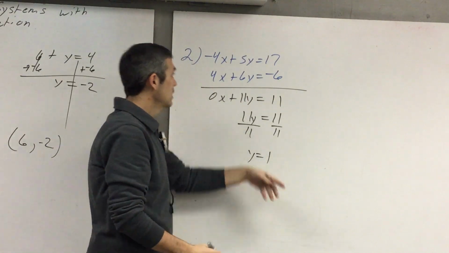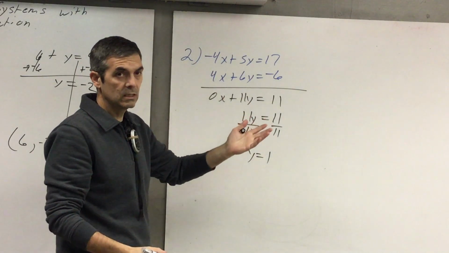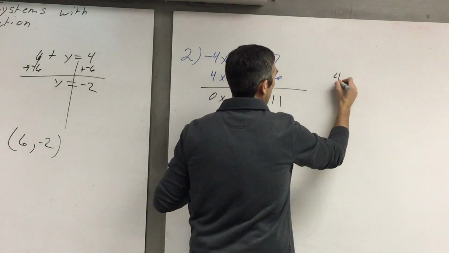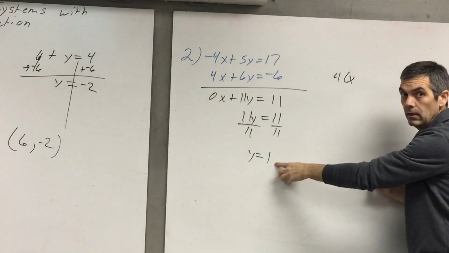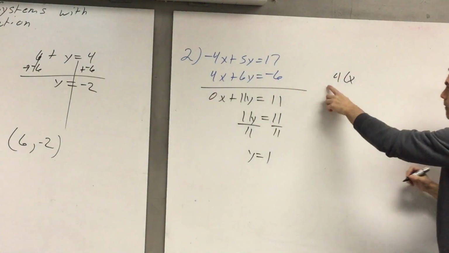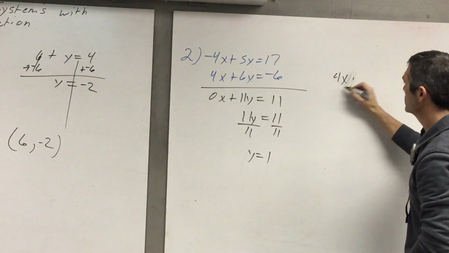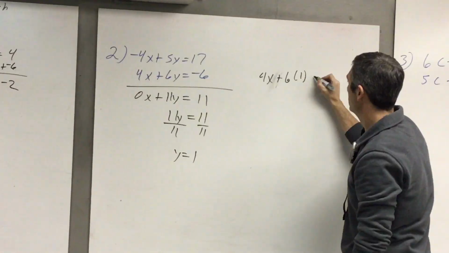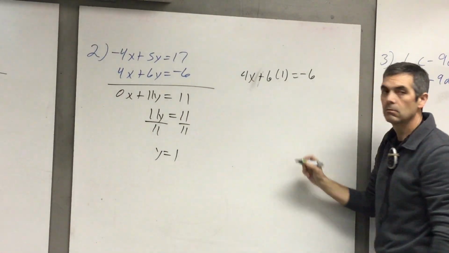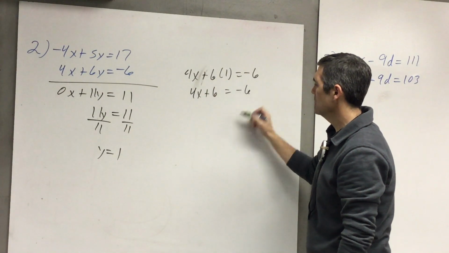Now take this 1 and substitute it back in. And again, it doesn't matter which one, choose the one that you think is the easier of the two. So 4 times x, because I solved for y, so I'm going to substitute into y, 4x plus 6 times 1 equals negative 6. All right? So 4x plus 6 equals negative 6.